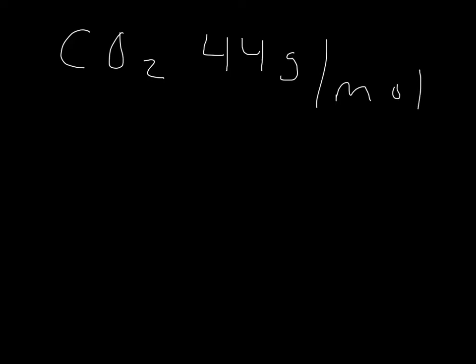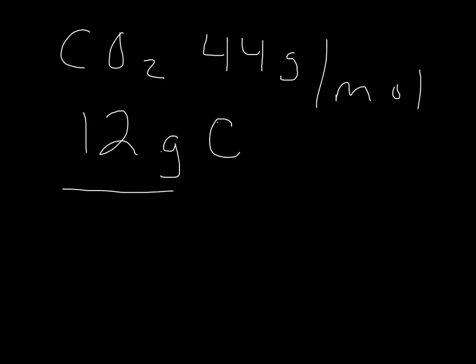So how do we go about doing this? Well, if we recall, carbon dioxide has a molar mass of 44 grams per mole. Now of those 44 grams total, 12 grams of that is actually carbon.